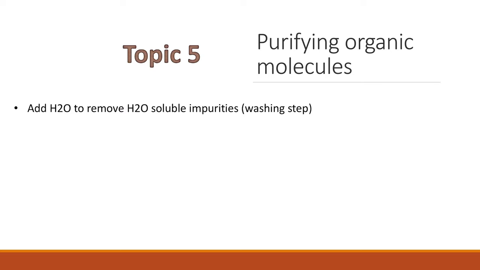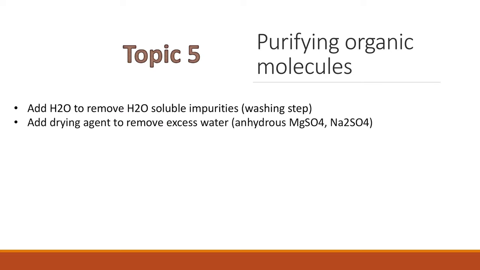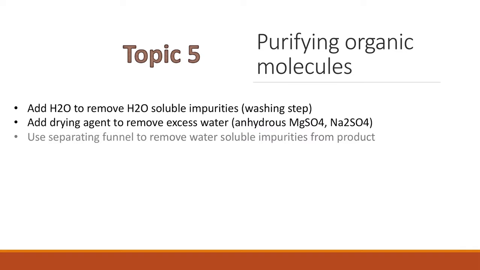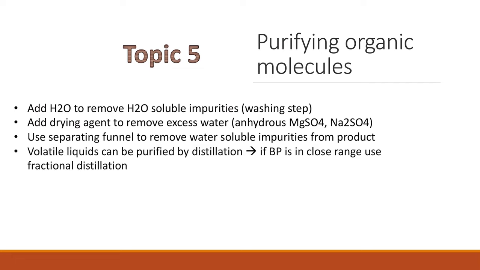Remember that you add water to remove the water-soluble impurities during the washing step. You add a drying agent, like anhydrous magnesium sulfate, to remove any excess water. You use a separating funnel to remove water-soluble impurities from the product, because if the product is a liquid, it's not going to mix with water. Organic molecules can dissolve in organic solvents which do not mix with water, so that allows us to separate the two components.